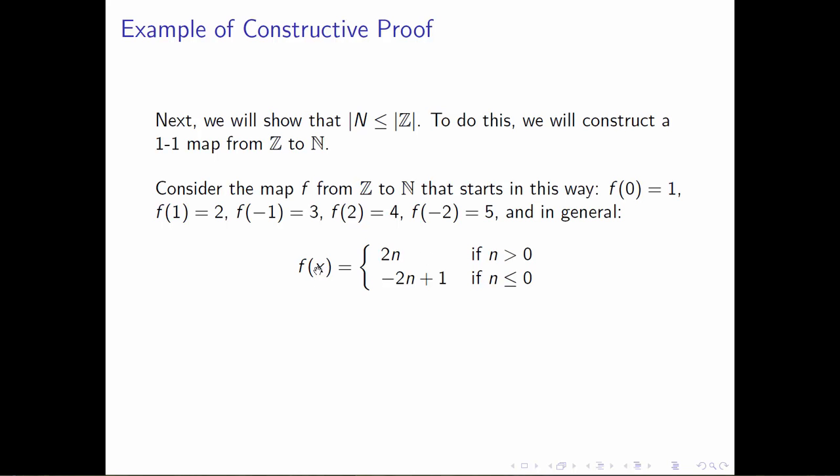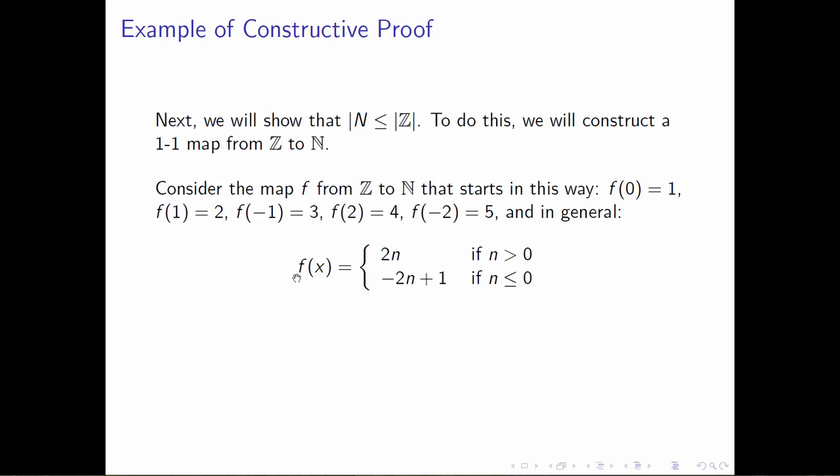We'll take an integer n and we'll send it to 2 times that integer if our integer happens to be a positive number. So notice that that's what's happening. The positive integers, 1, 2, 3, etc., go to 2, 4, 6, and so on and so forth. So f of n is 2n if n is greater than 0.